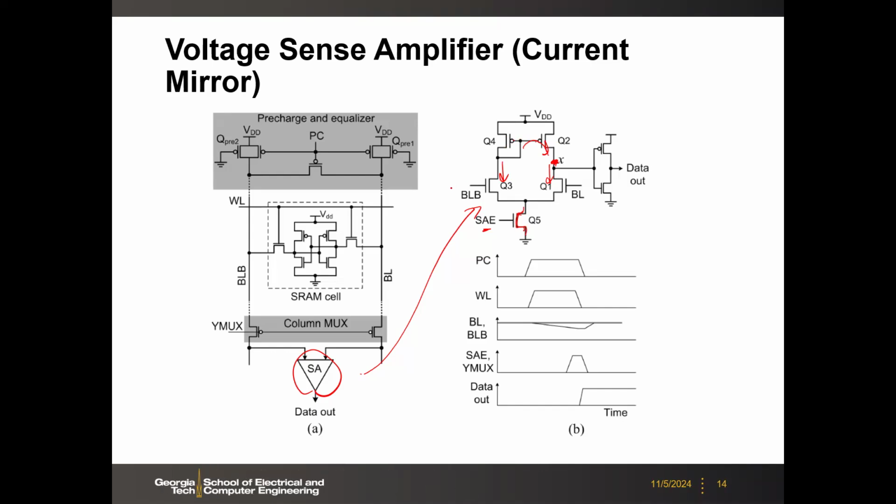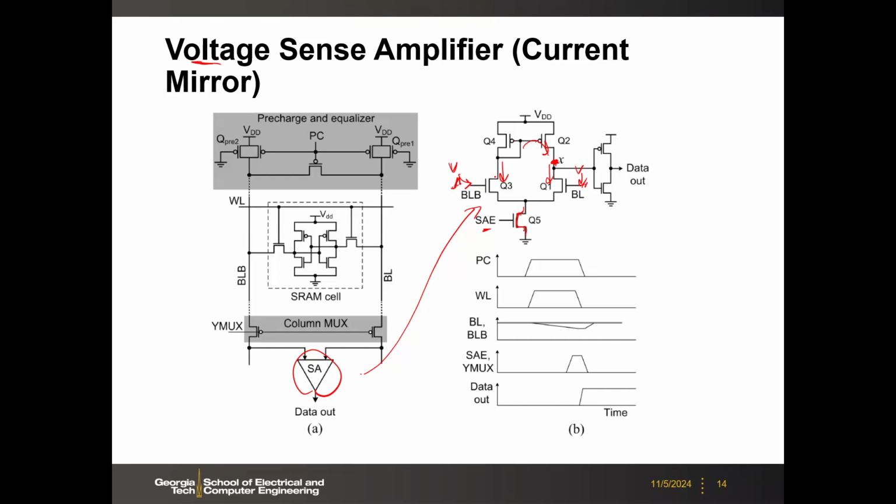So here you are looking at the difference between those two voltages. This is voltage mode. Why is it voltage mode? Because the voltage goes to the gate of the differential pair, and the gate can only detect the voltage difference. The gate does not really pass the current.